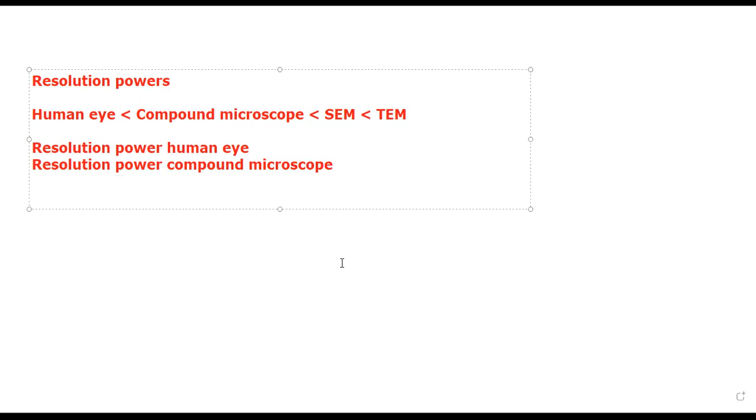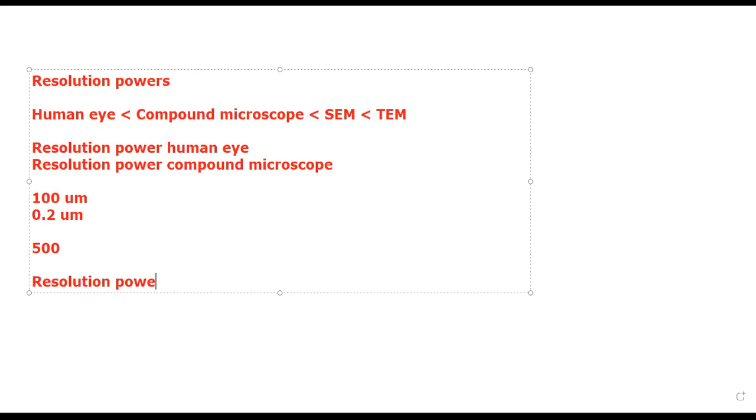Compound microscope. If you take the resolution power of the human eye, how many micrometer? 100 micrometer, correct? If you consider a compound microscope, how many micrometer? 0.2 micrometer. If you divide it, it is 1000 divided by 2. How much is coming? 500.